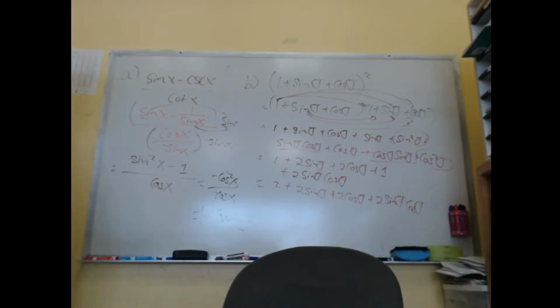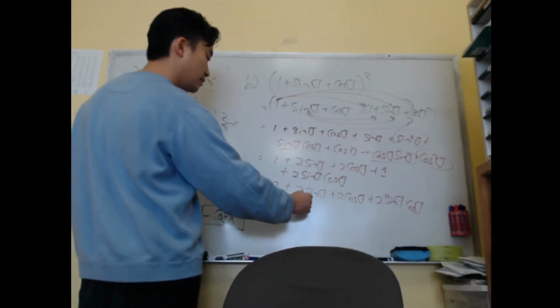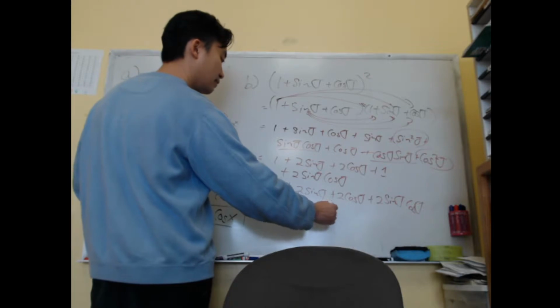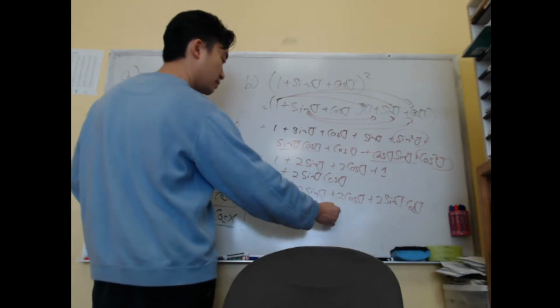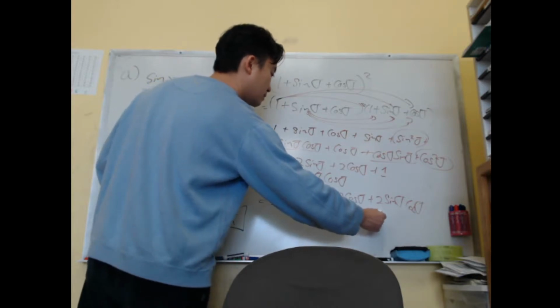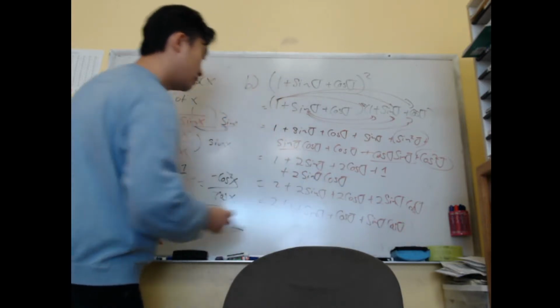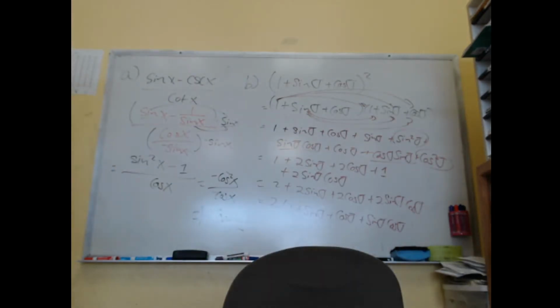Should we do grouping first before we take out the greatest common factor? Just take out 2. Okay, so take out 2, so 1, sine sigma, cosine sigma, and the sine sigma. What else can we do?